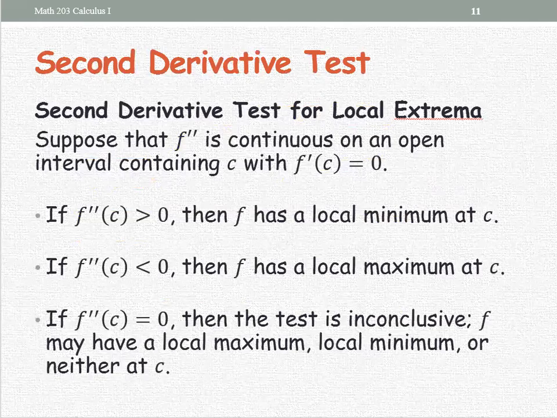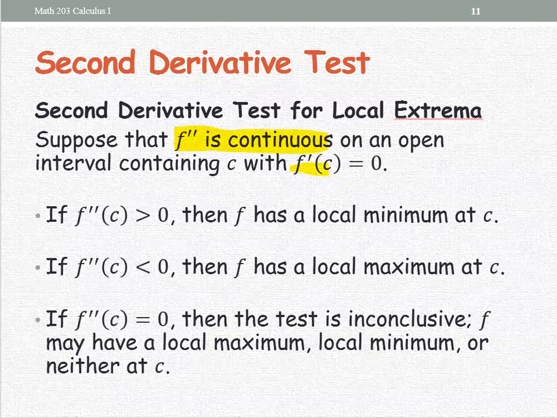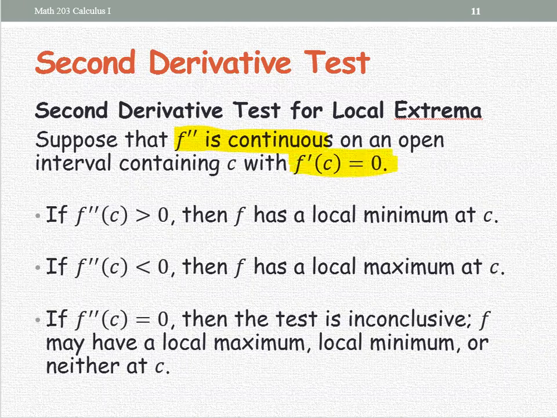Next, the second derivative test for local extrema. Suppose the second derivative is continuous on an open interval I containing c, with f prime at c equal to 0. Recall that f prime at c equal to 0 tells us c is a critical point.